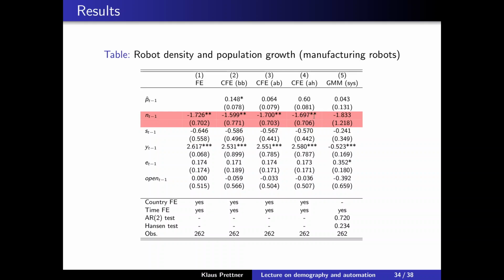And in most of the specifications, that is significant at the 5% level, except for the system GMM estimation, so the last column here. However, system GMM is known to be quite inefficient, particularly in small samples, and we only have data for around 60 countries in the dataset of the International Federation of Robotics, so it's not a surprise that the system GMM estimator yields insignificant results here.